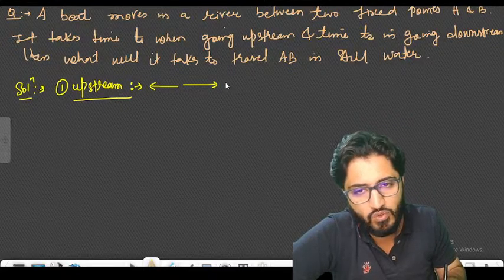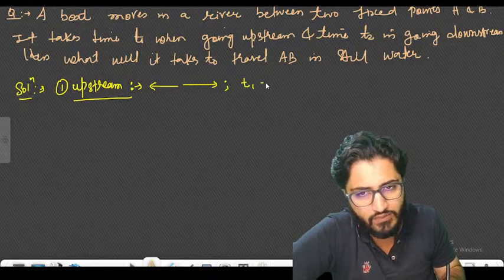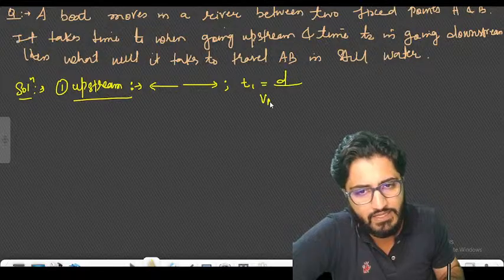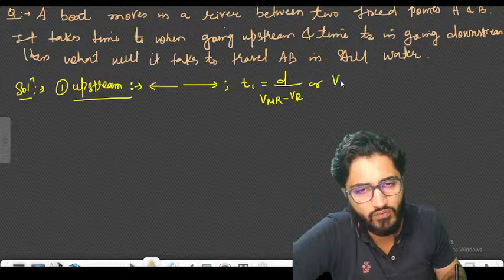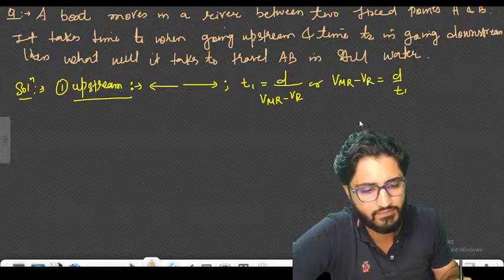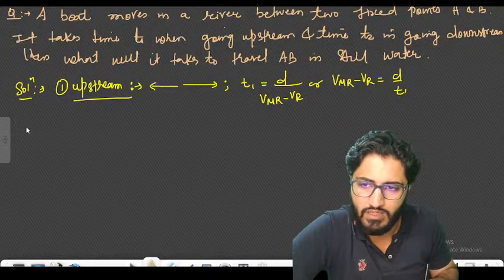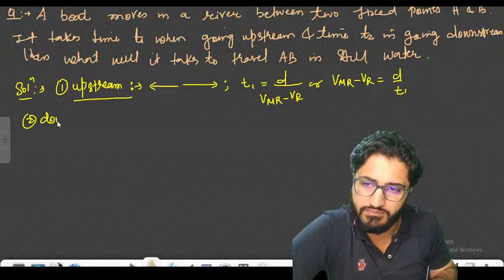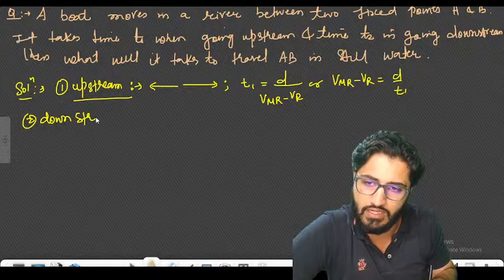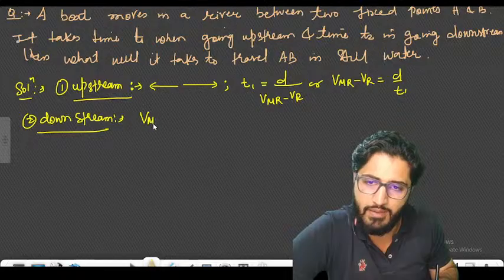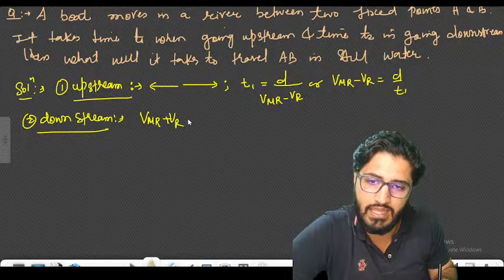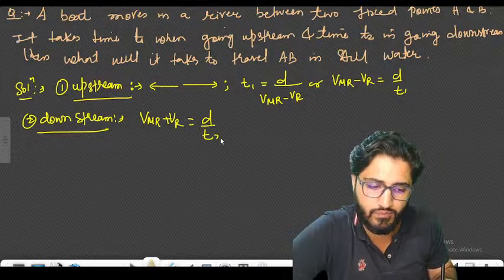So we know that T1 equals distance by VMR minus VR, so you will write VMR minus VR equals D by T1. Now second point, for downstream, you will write the same, VMR plus VR equals D divided by T2.